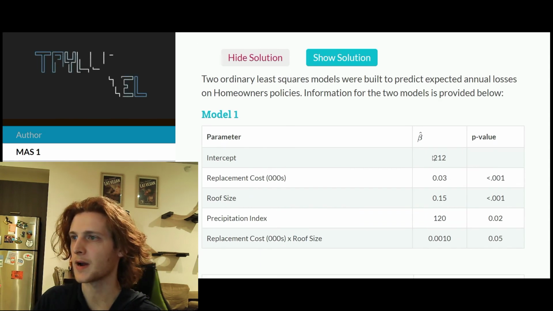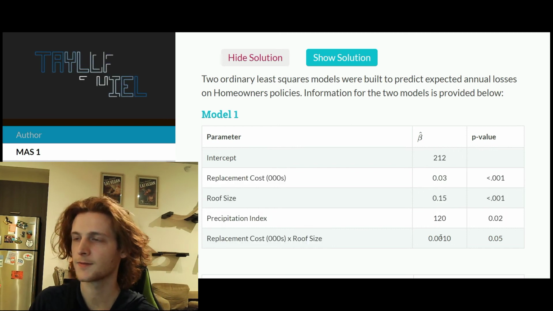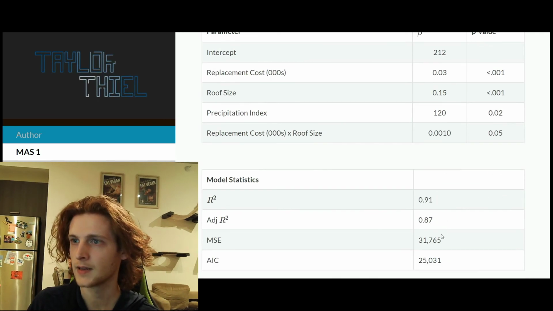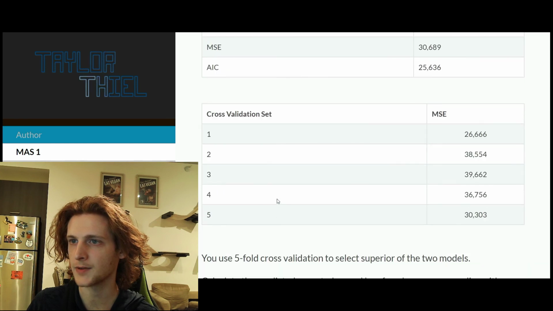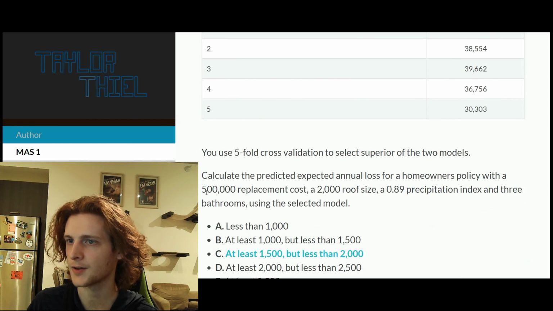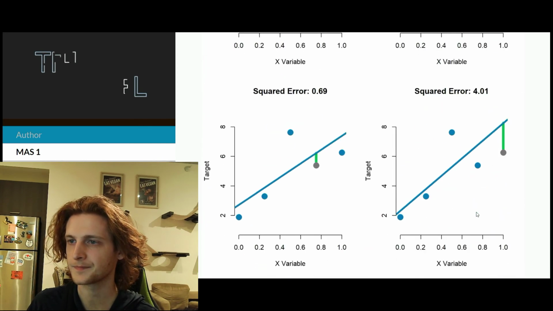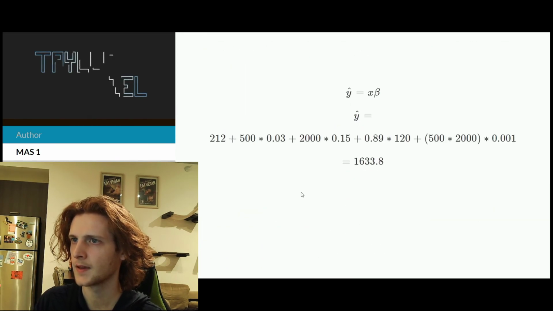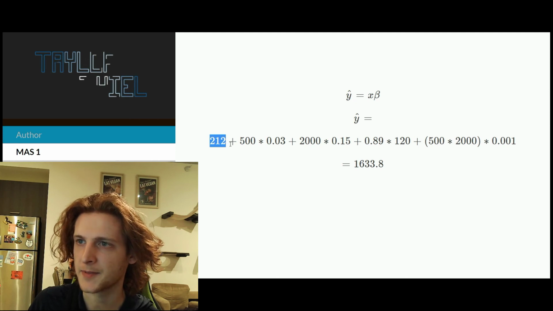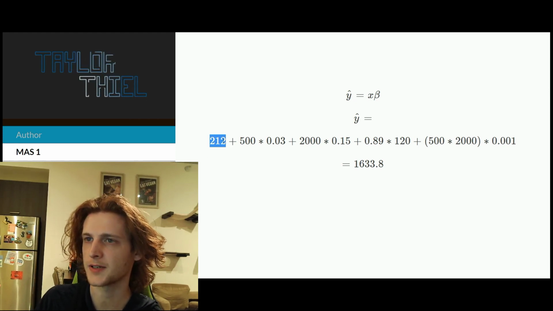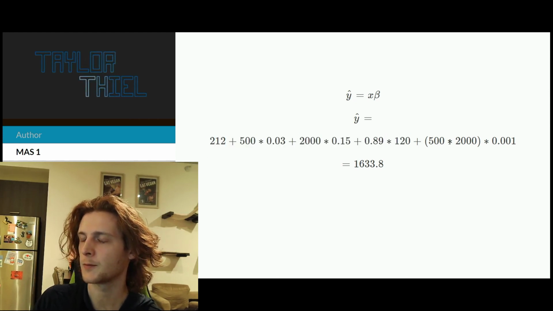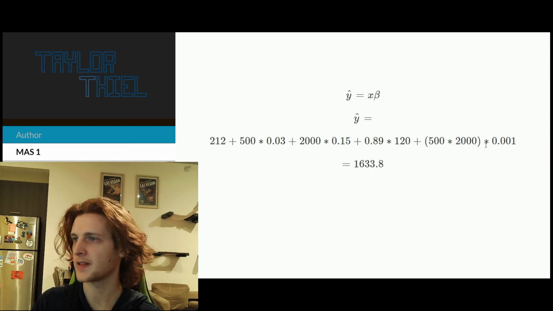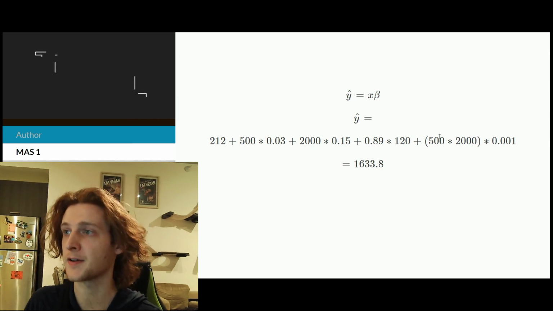So we're taking our model coefficients here from Model 1 and then plugging in x values that are provided here. So 500,000, 2,000, and 0.89. We also have our intercept first. So all of that is pretty straightforward, with the exception of maybe the interaction.